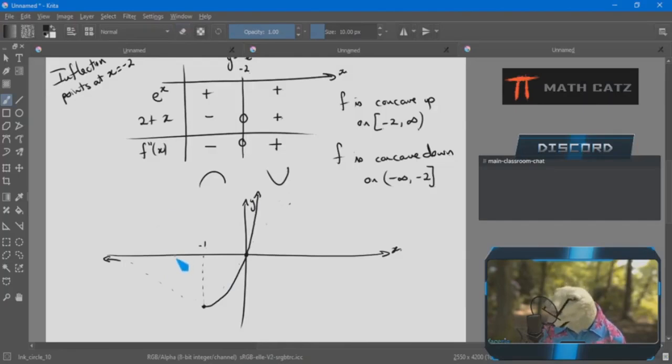Let's put that over here. And if you actually calculate the y values, the inflection point sits a little lower. I don't think it's perfectly halfway, but it's in between this turning point and the x-axis. Of course, it has to be. There's no other way, right?